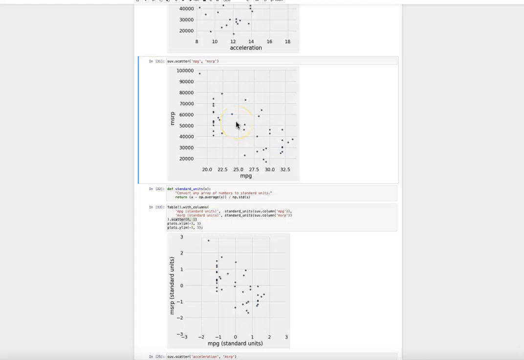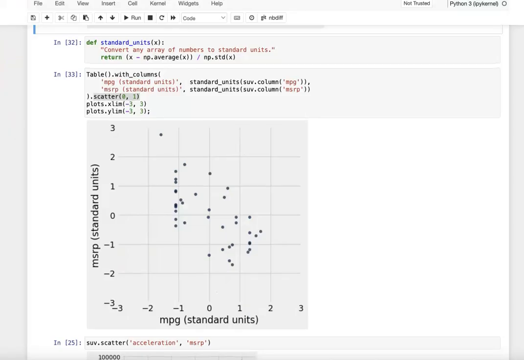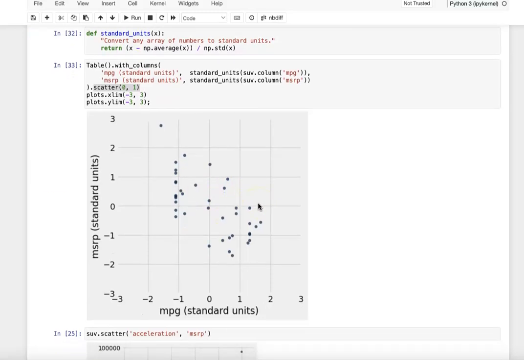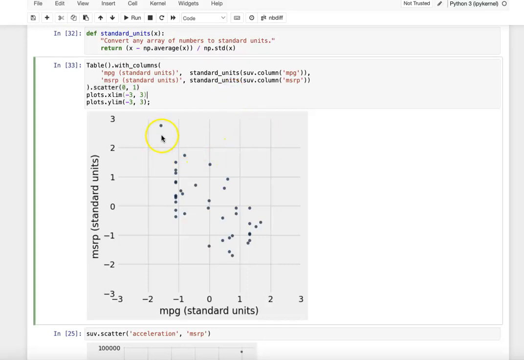But it makes the location of our data much easier to see. Earlier when I recorded, it was difficult to enlarge on Zoom. When they become the standard unit, we actually have more information.